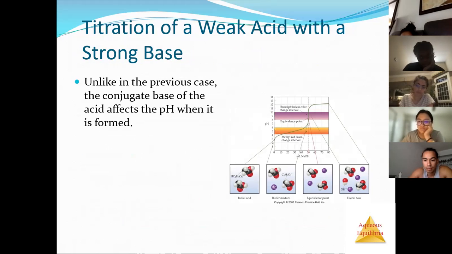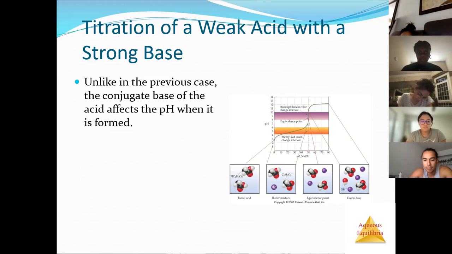When I had a strong acid, that meant that I have a weak conjugate base. There is no conjugate base that's really being added. It's a strong acid, so I don't have this steeper pH because I'm not getting any conjugate base there.